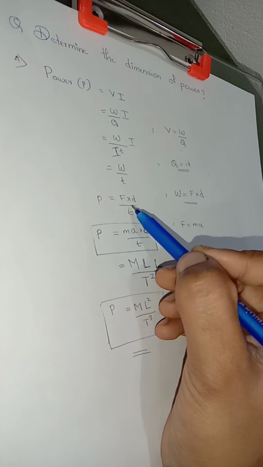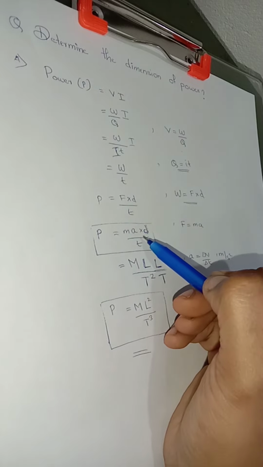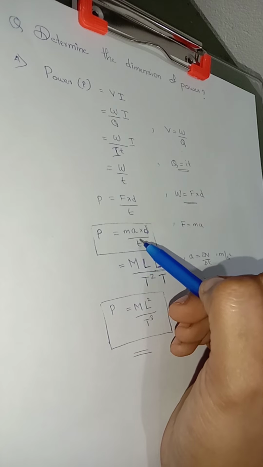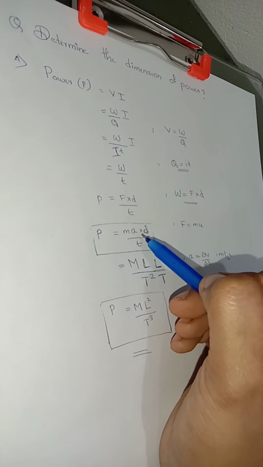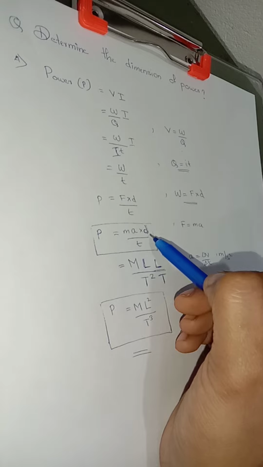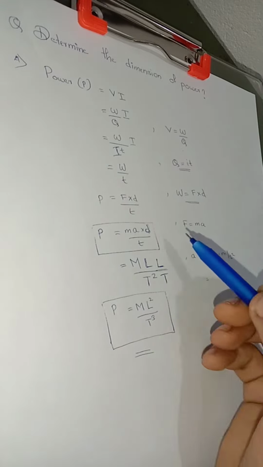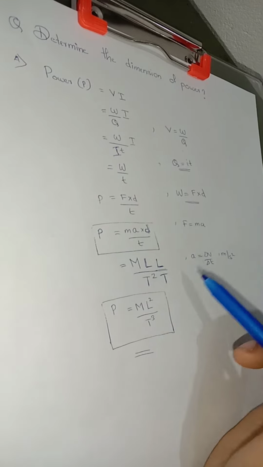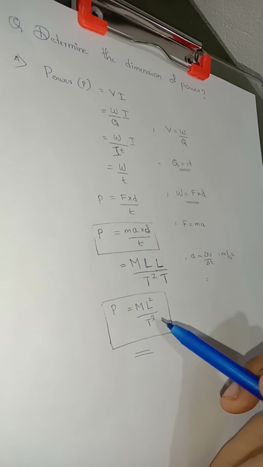Again we can simplify this equation, that is force is equal to mass into acceleration. So we get the final equation for power as power is equal to mass into acceleration into distance by time. From this equation we are finding the dimension. That is how we get the dimension of power.